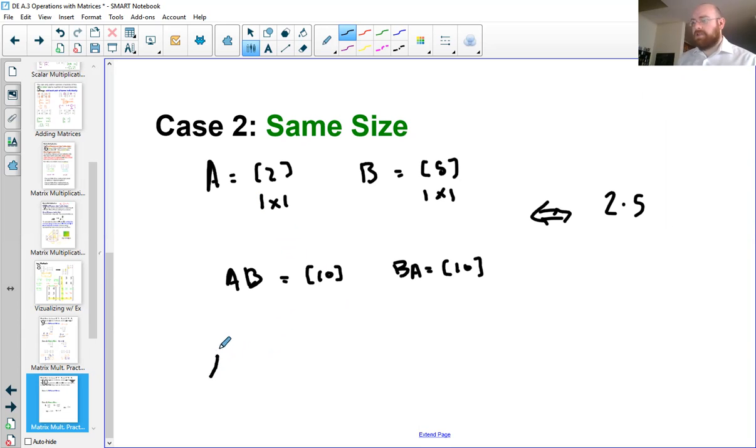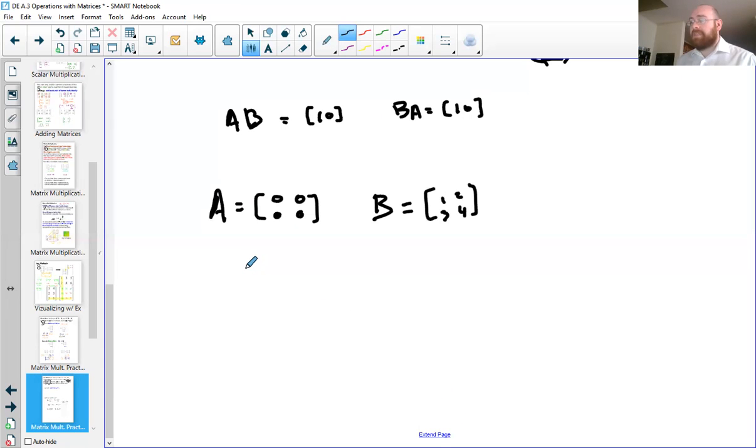If we think of bigger matrices, like a 2-by-2, if one matrix is all 0, so a 0 matrix, and our other one has any numbers, so just 1, 2, 3, 4, for example, A times B is going to be another 0 matrix, and B times A is also a 0 matrix.